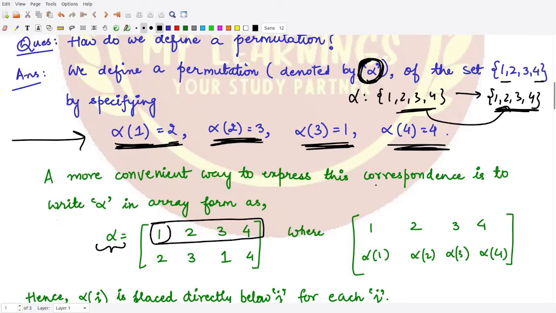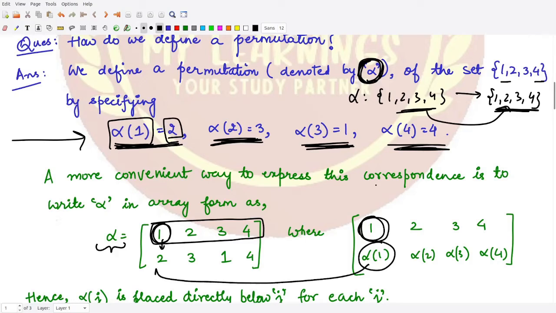Then corresponding to the element 1, alpha of 1 is equal to 2, so we have 2 written just below it. For the next element 2, alpha of 2 is equal to 3.